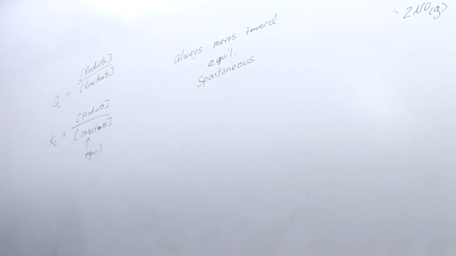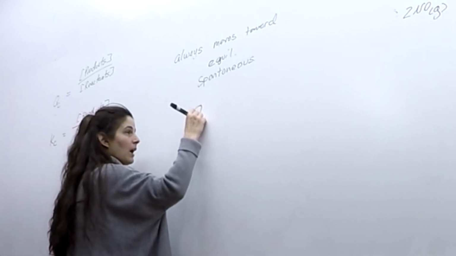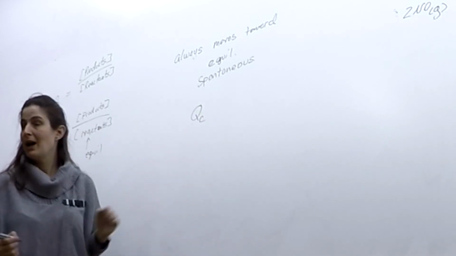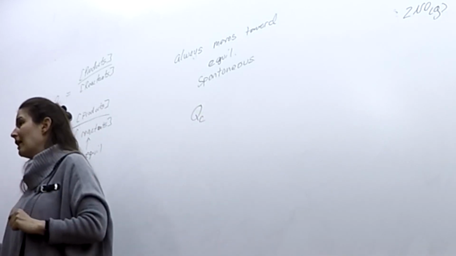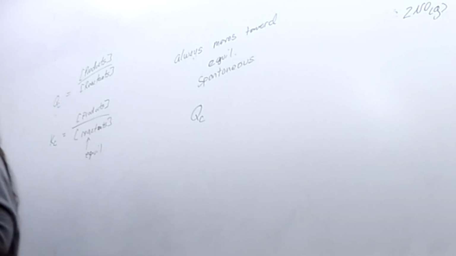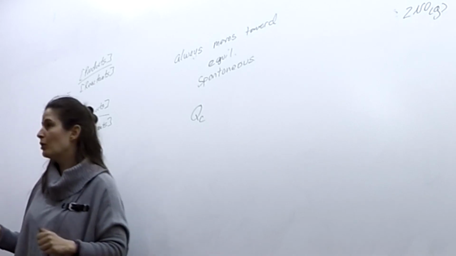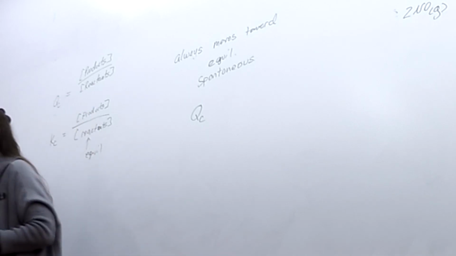It moves towards your equilibrium always. So if we take a quotient outside of equilibrium and we know the equilibrium constant, we can compare the two and we can see which way our reaction is moving. Is it running in the forward direction or is it moving in the reverse direction?